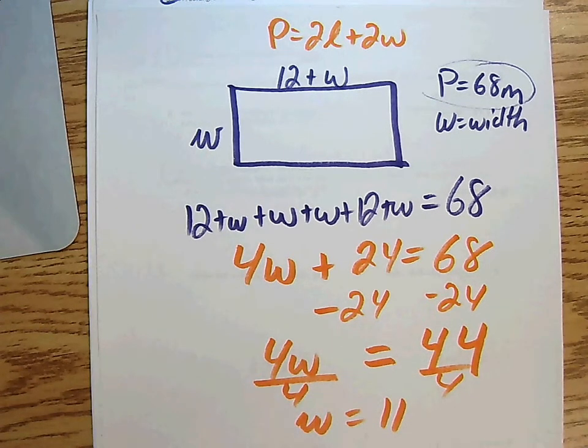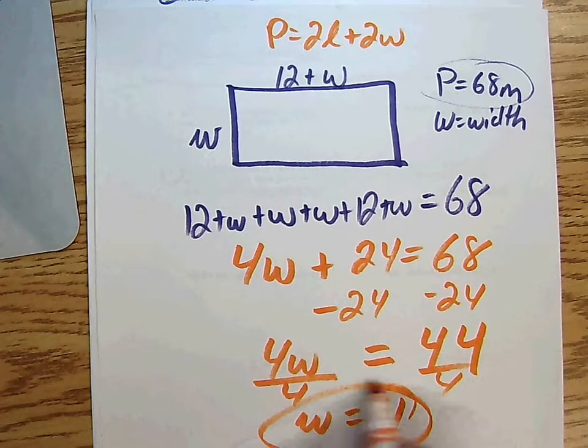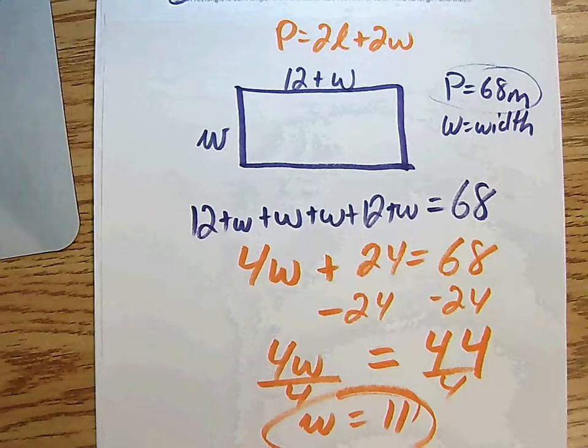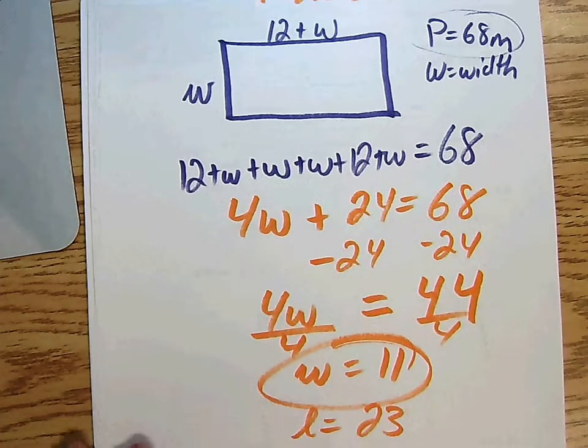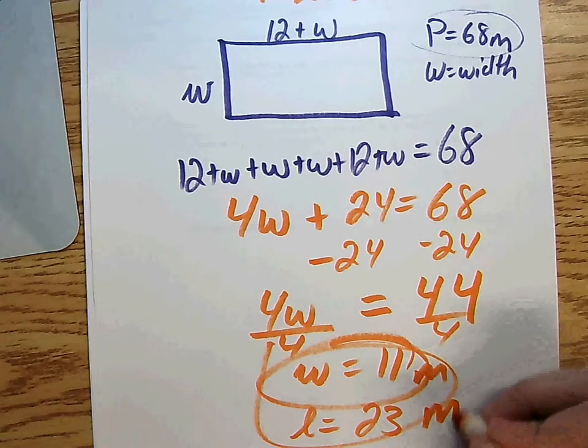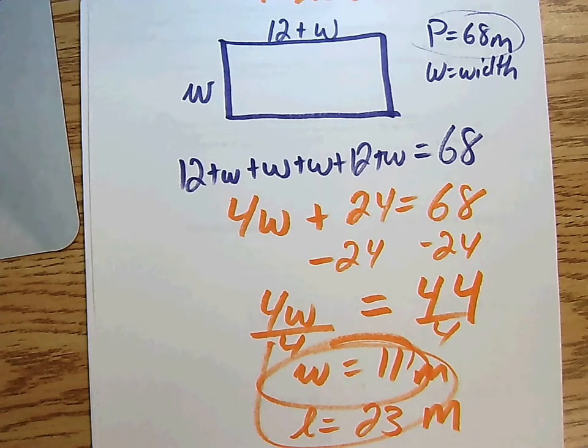I used the division property of equality, but what did I just find? So it asked for both. So the width is 11. What would the length be? 23, right? 11 plus 12. And this would be your final answer, except we want to say meters, because they were very specific.